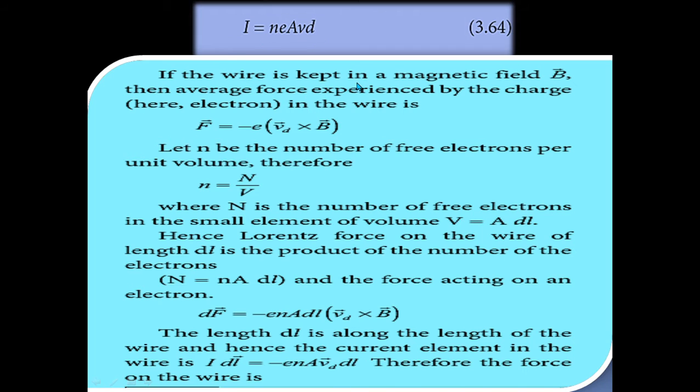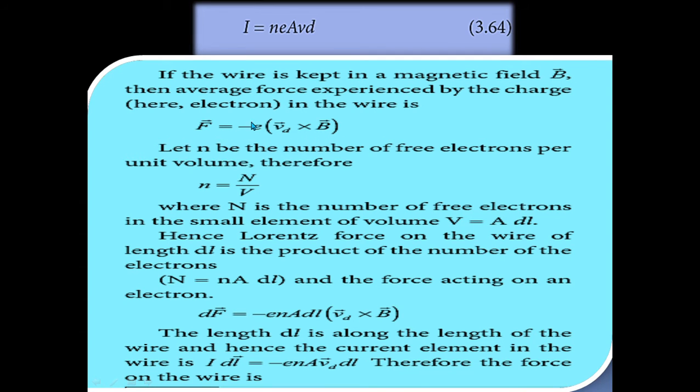If the wire is kept in a magnetic field B vector, then the average force experienced by the charge, here the electron, in the wire is given by the Lorentz force formula. F vector is equal to Q into Vd vector cross B vector.